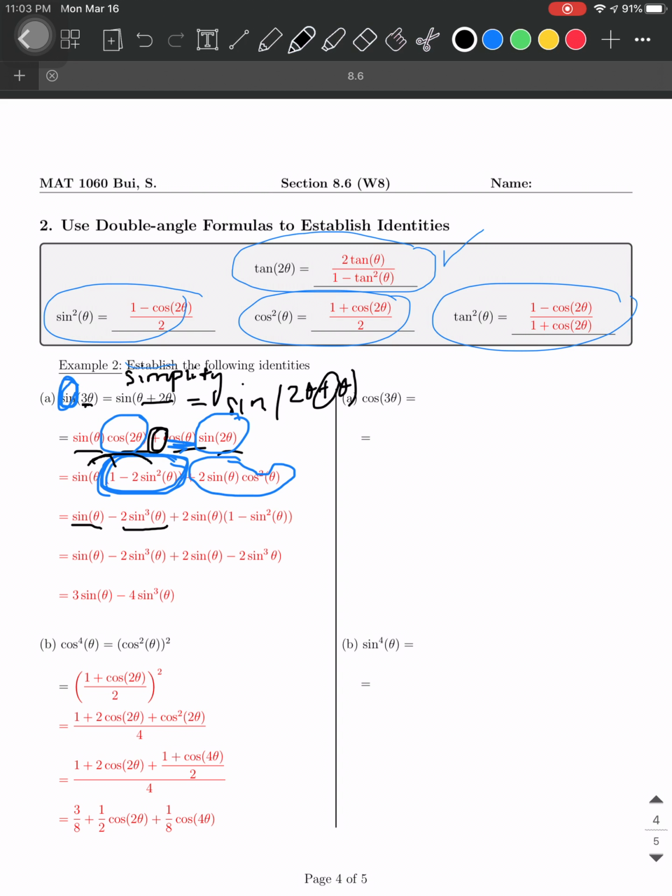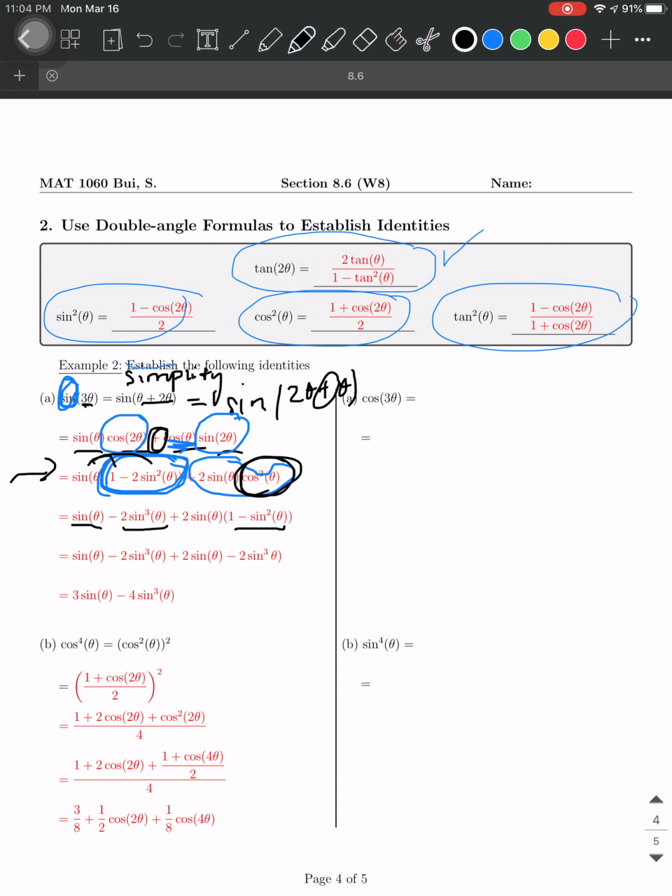Among this whole line here, everything is sine except for cosine squared theta, right? So how can we turn cosine squared theta into something with sine? We learned about the Pythagorean identity. We know that sin squared plus cos squared equals 1. So cos squared of theta equals 1 minus sin squared theta.